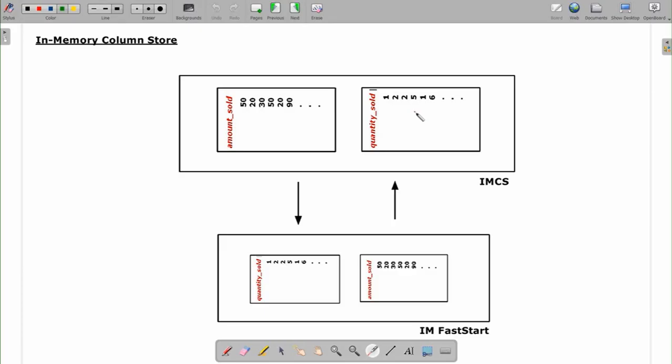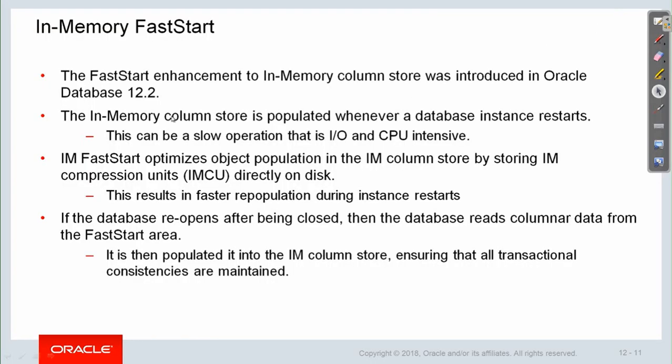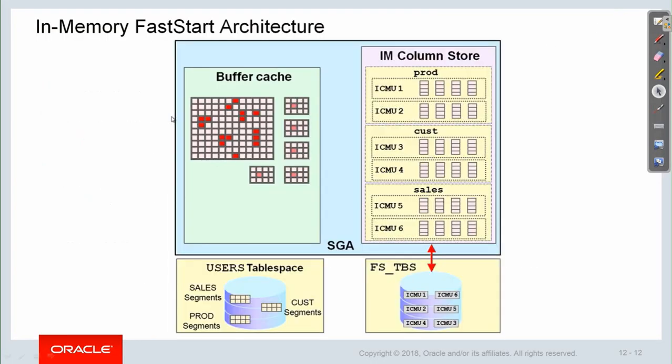So this will give you better performance even when you restart the database instance. So we store in-memory data in the columnar format of the in-memory column store as is in the tablespace, which is called the fast start area.